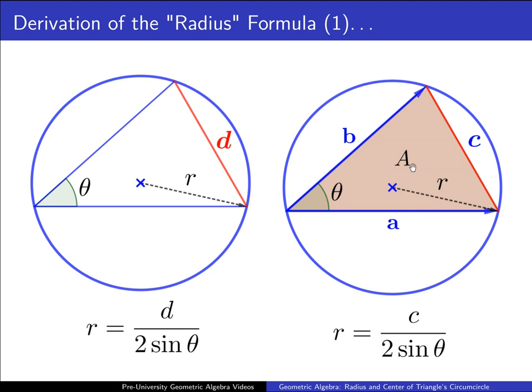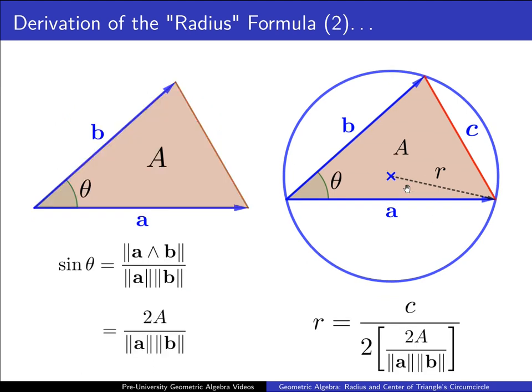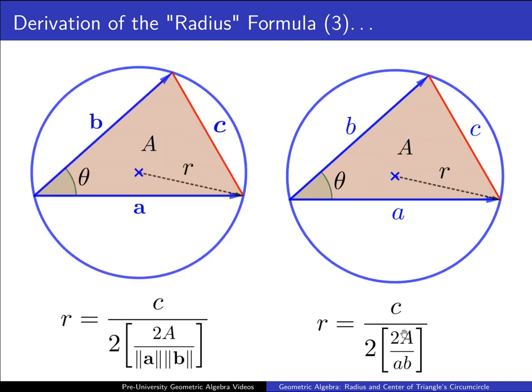So we'll bear this diagram in mind as we go to the next slide. Here the radius is the length of that side divided by twice the sine of the opposite angle. This expression, as we saw a moment ago, is the sine of that angle. So we've gotten this far, and we'll repeat this diagram in the next slide.